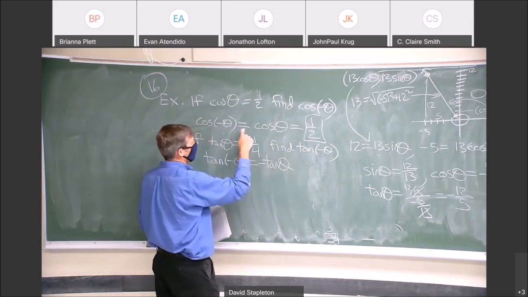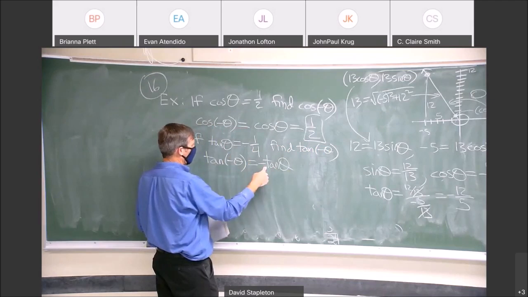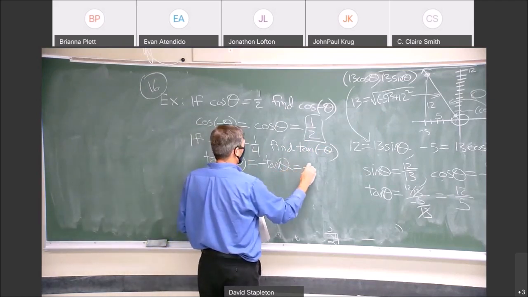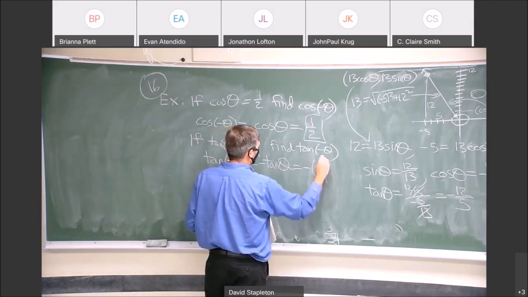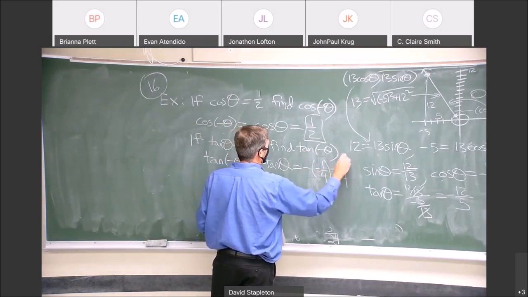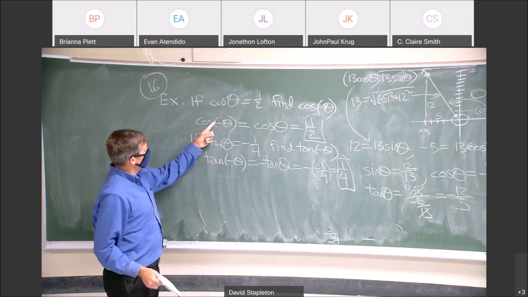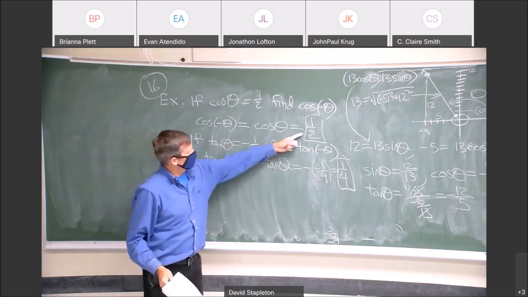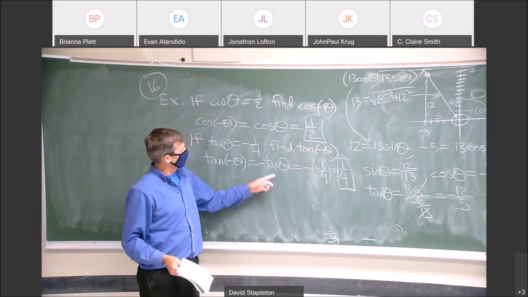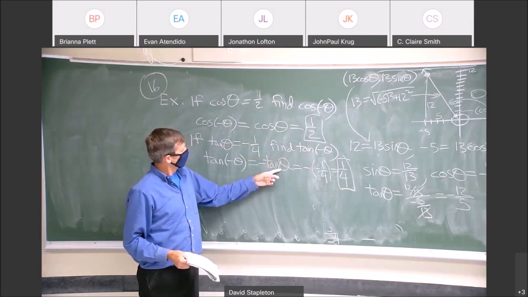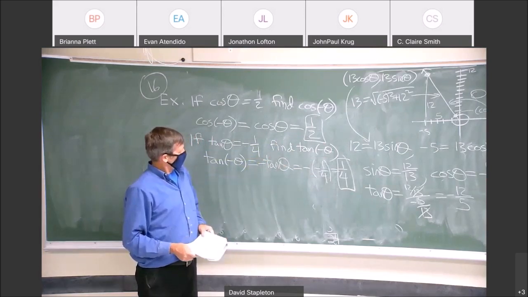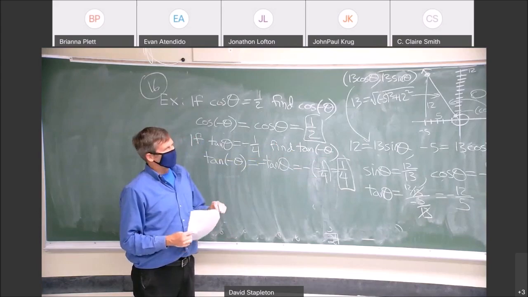For an even function, the minus goes away. For an odd function, the minus comes out. Tangent theta is minus 1/4, so I have minus of minus 1/4, which is plus 1/4, as was indicated. Perfect. So that's it. When I ask you to do a trig function of minus an angle, it's just plus or minus the corresponding trig function without the minus, and it depends on whether it's even or odd. All right, so try some of those.